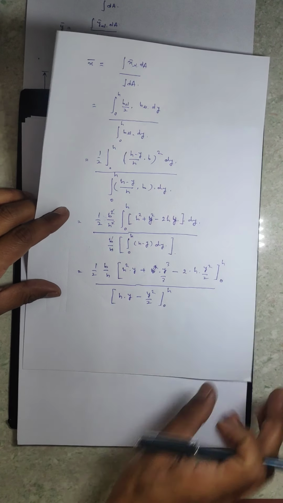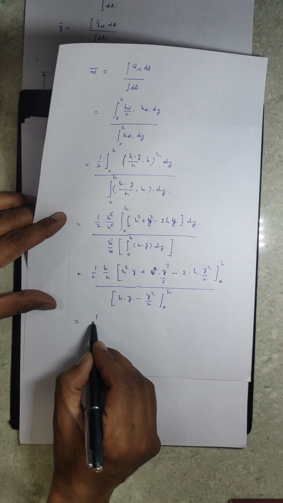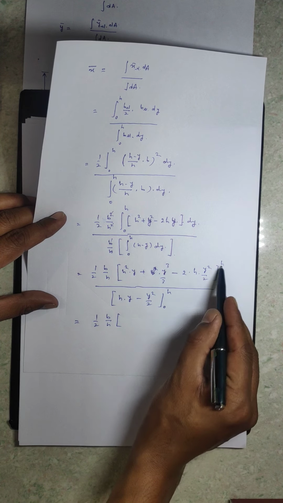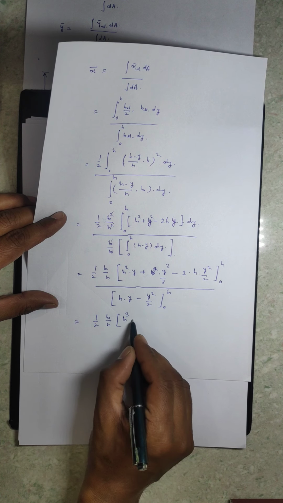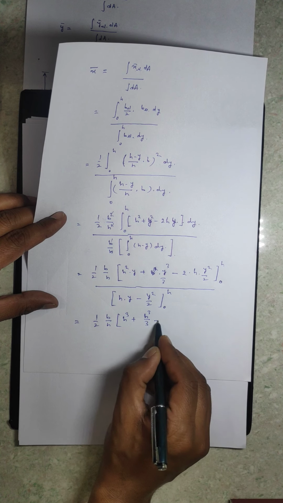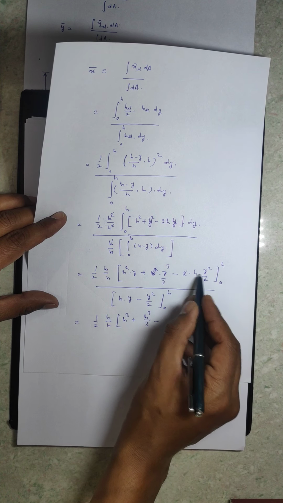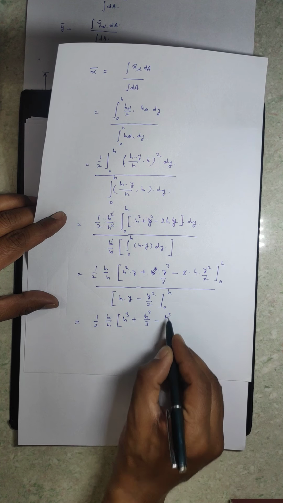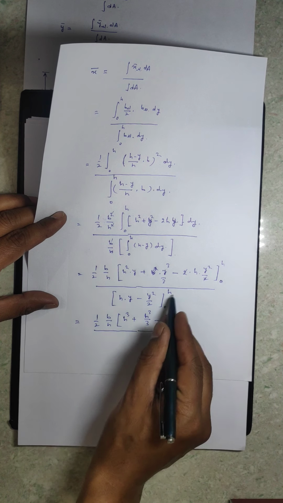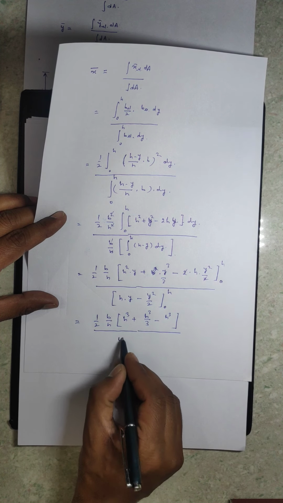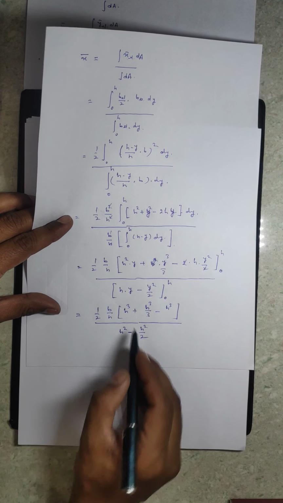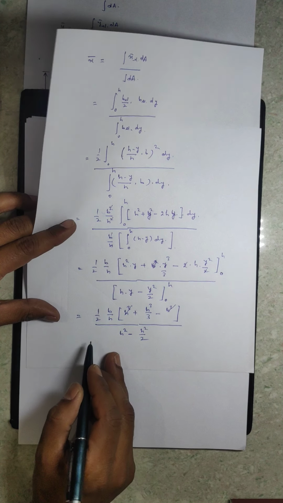Now further, it is 1 by 2 b by h in brackets, h square into y means h cube, plus h cube by 3 minus twice, h and h square, that means h cube, close the bracket, divided by h into h, that is h square, minus h square by 2. This h cube cancels.